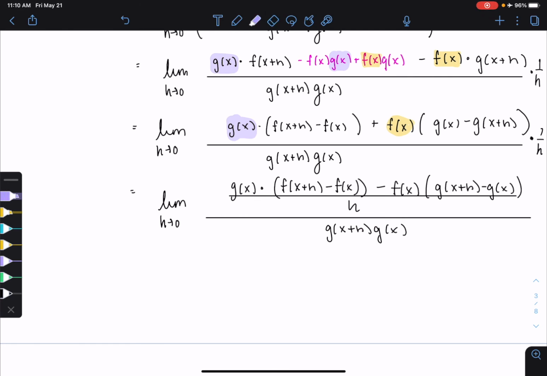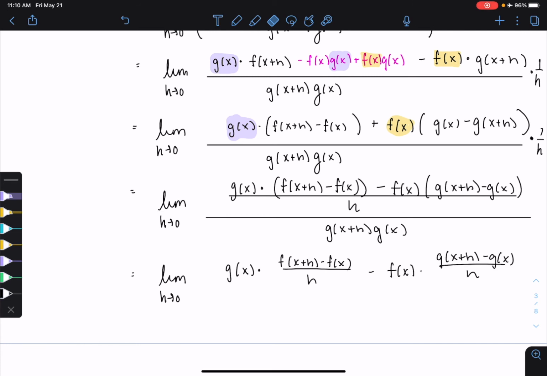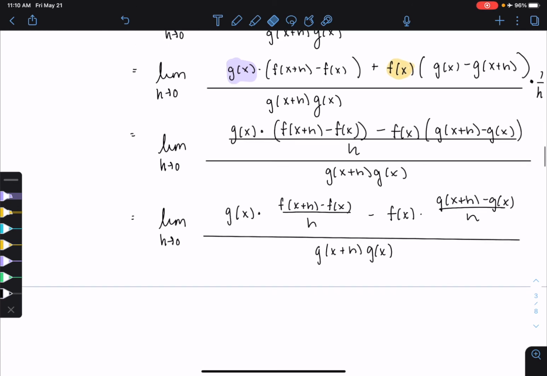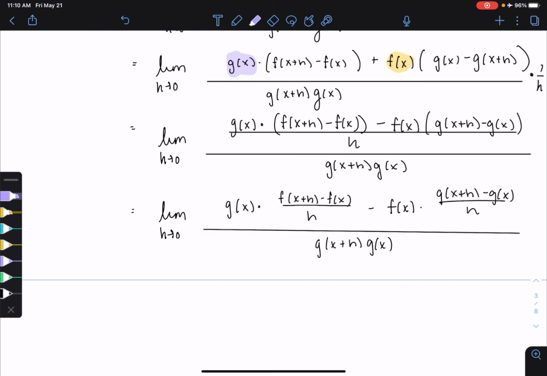Now I can take each individual piece divided by h, to give me basically two fractions within the numerator. So I've got g of x, and then we're going to take that piece and divide it by h, subtract f of x, take that piece divided by h, and then still exactly that same denominator. And so when we take this limit, this is exactly our difference quotient for f, our difference quotient for g.